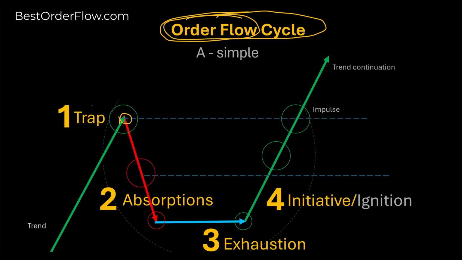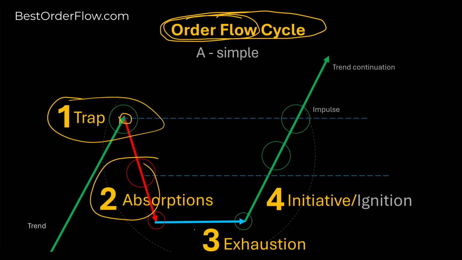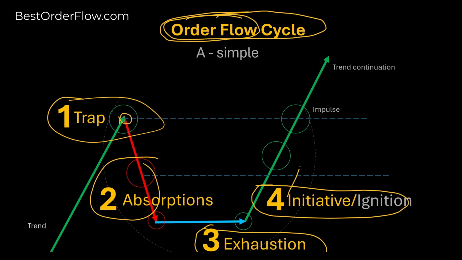After absorption, trapped buyers, and more absorption, the next stage that I recommend everybody look for is exhaustion. That's a natural stage of the reversal: exhaustion. And after exhaustion, we can expect the other side of the market to start initiating opposite-direction delta, right?